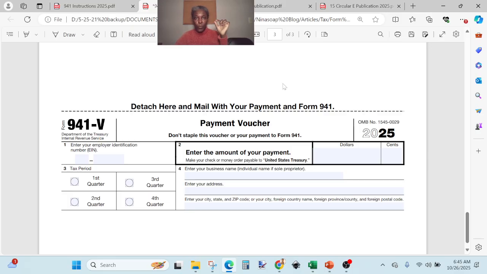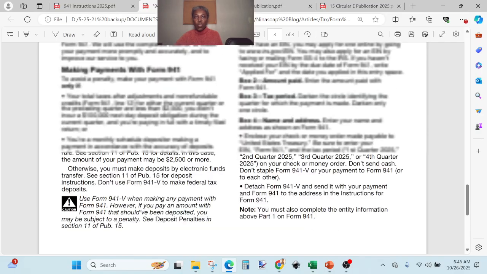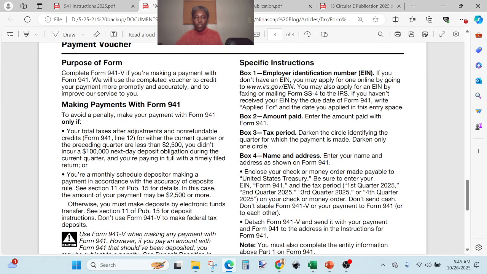You will staple pages 1 and 2 of this Form 941. The voucher page will be by itself, and you'll have a check written based on the instructions they gave on this page 3. You'll have that check, the voucher, and then the form. That will be 3 things that you are going to have in the envelope to mail. But again, we are talking about no wages paid.